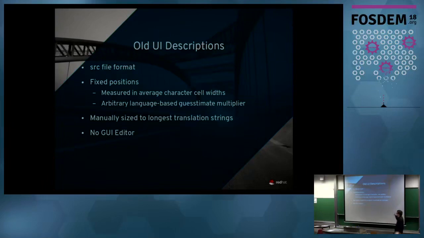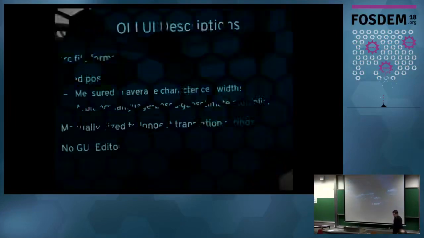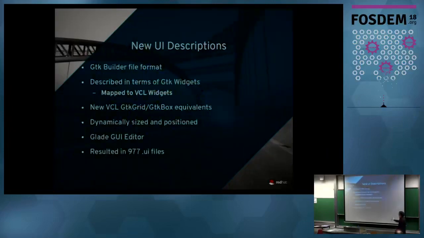If you open up the same dialogues under Japanese, it would divide it by some amount, because those texts tend to be quite small. So you had this kind of guesstimate arbitrary stuff going on here. And there's no GUI editor for all this old stuff. So we come from there to a situation where we're now using the GTK Builder file format, and all our UI is described in terms of GTK widgets.